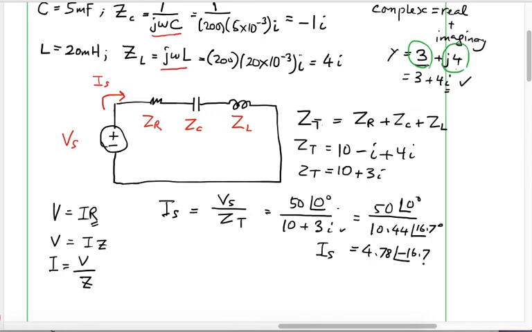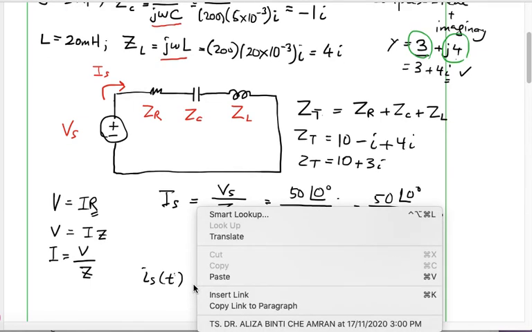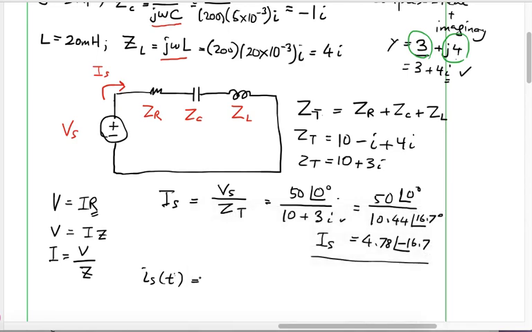Okay, so you can keep it in phasor form, but now we have to change this Is into small letter i, meaning we want to change this phasor form into the time domain. So how do we do this? Now we need to write the amplitude.